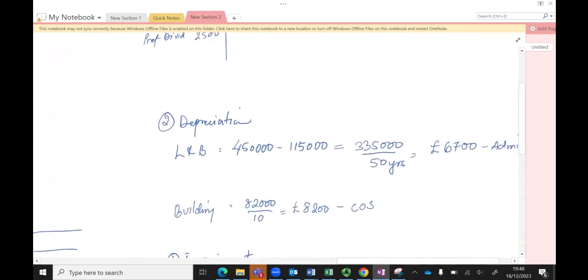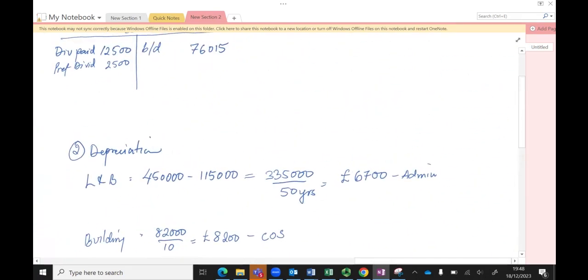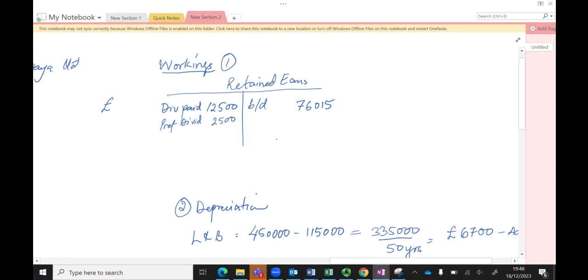So let's go to the workings over here. We will add closing balance, profits for the year, 446,834.